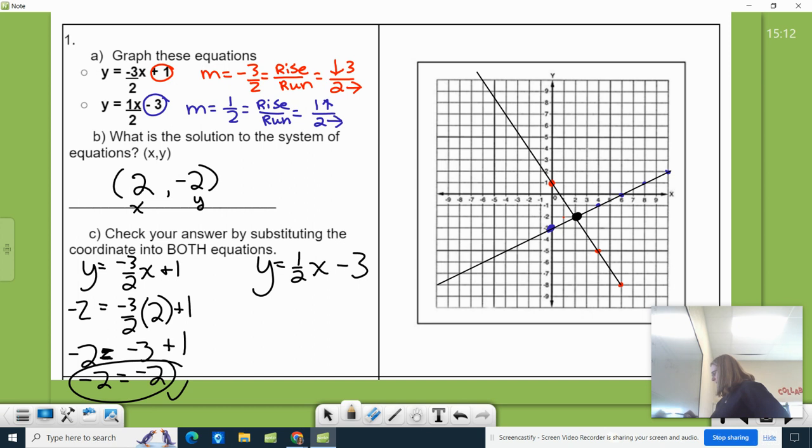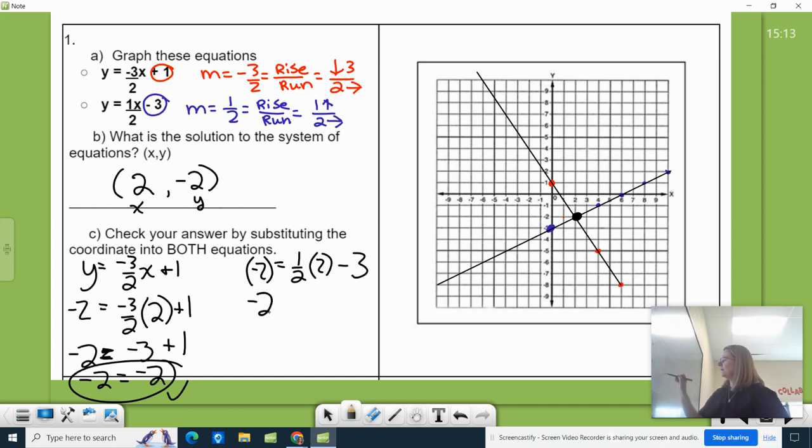Okay, so I'll show you a different way just in case. Instead of the x, I'm replacing that with 2. Instead of the y, I'm replacing that with negative 2.